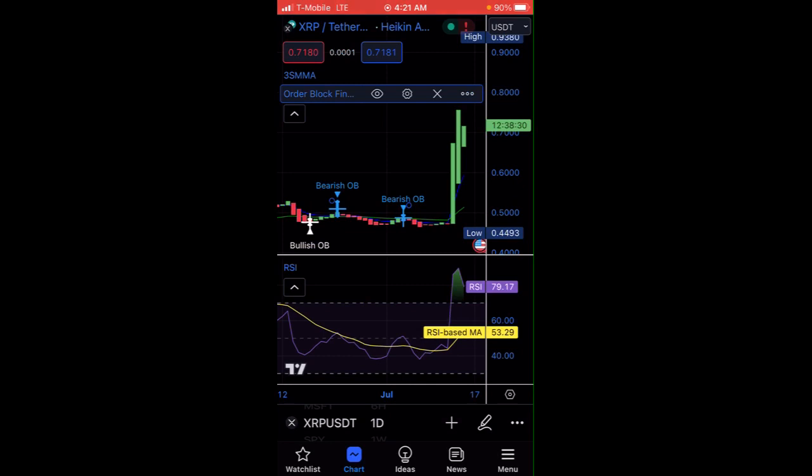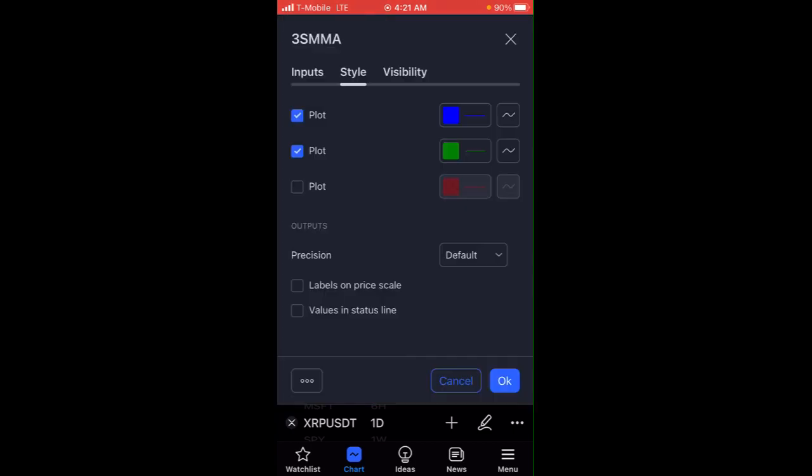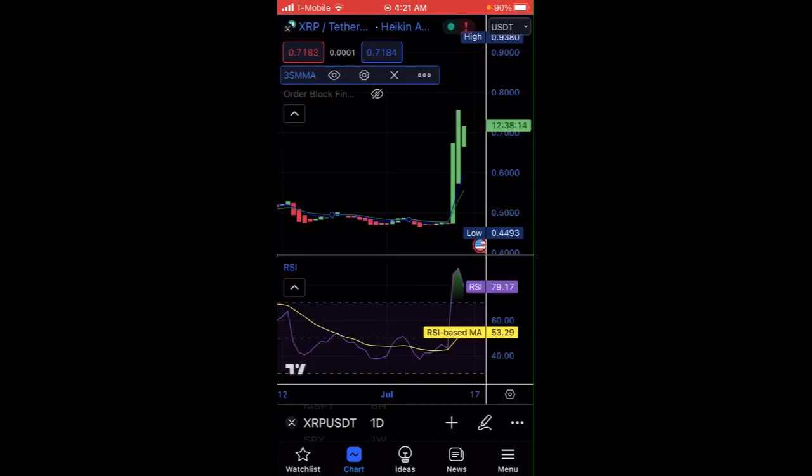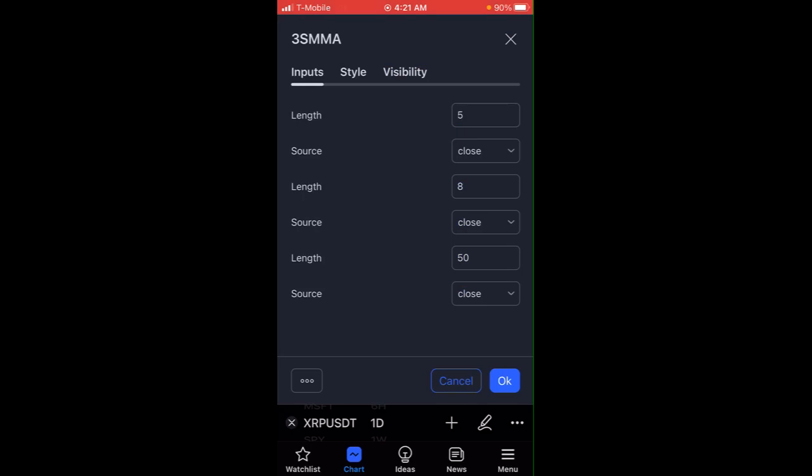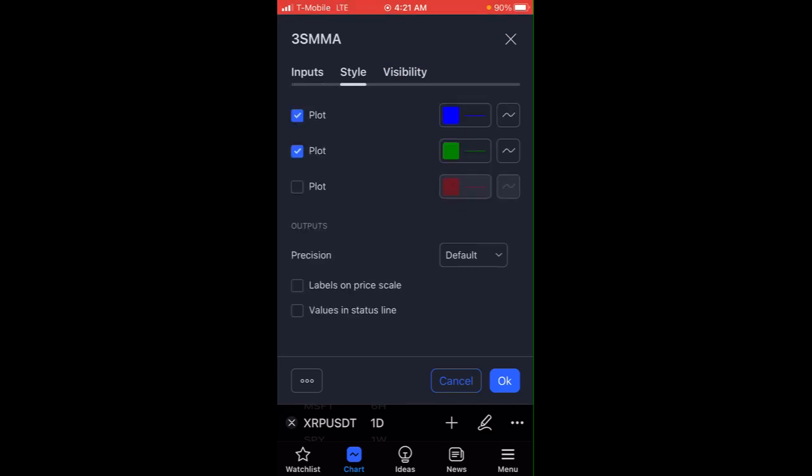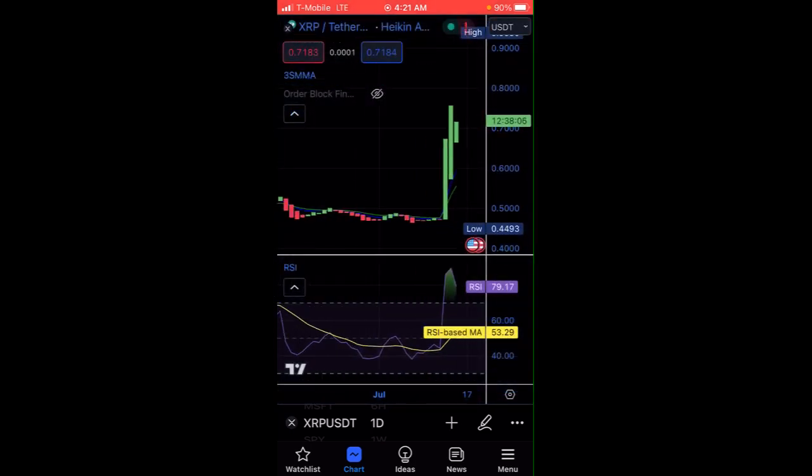What basically you want to do is set it up like normal, with your 5 and 8 as the moving averages, and the RSI. I've covered this in many videos, so I'm not really going to go much into it.